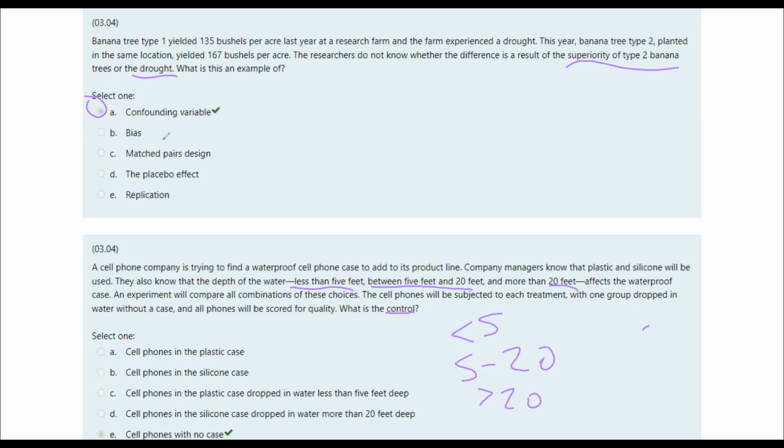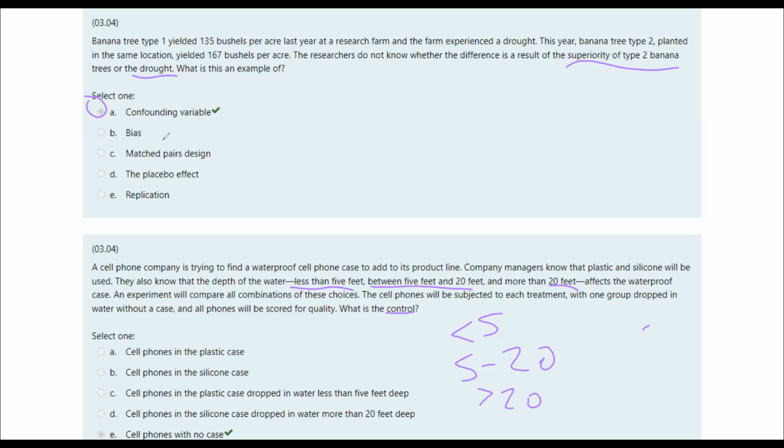Let's talk about what the control is in the first place. We have two groups: control group and experimental group. Experimental is what you actually do something to. The control group is what is left natural so that you can compare it with the other one.